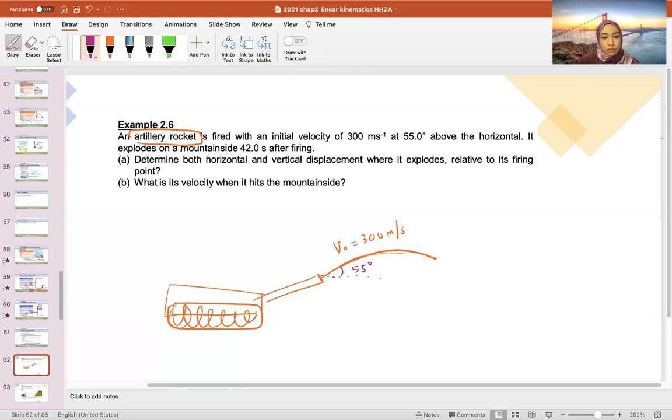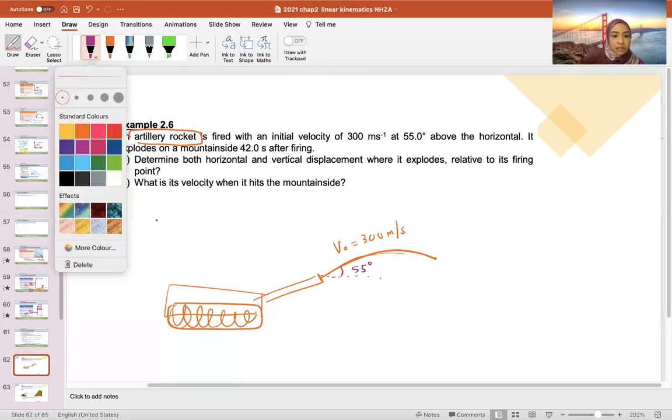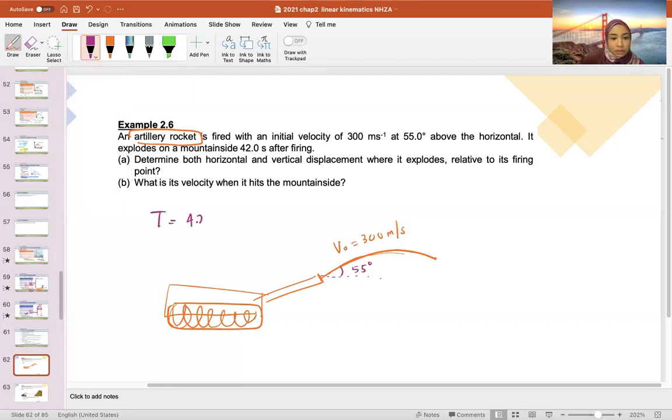It explodes on a mountainside 42 seconds after firing. So capital T is 42 seconds. This is when it reaches the mountainside. The time to reach this point, point X, T equals 42 seconds.